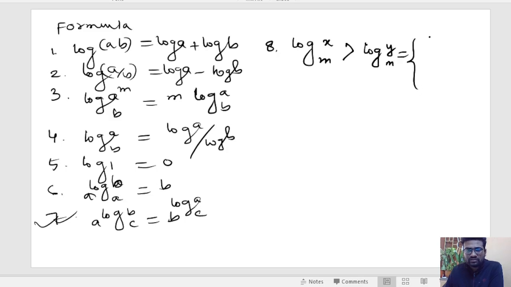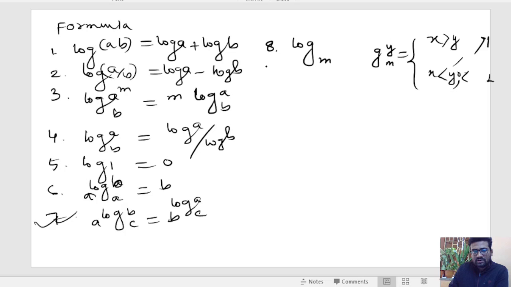We can get two results, x greater than y and x less than y. x greater than y when m is greater than 1, and x less than y when m is less than 1, so 0 less than m less than 1.